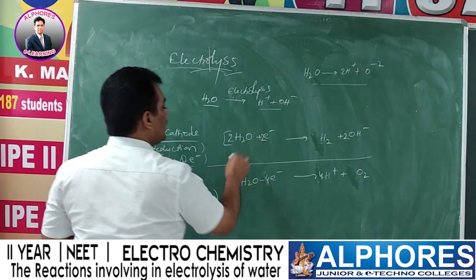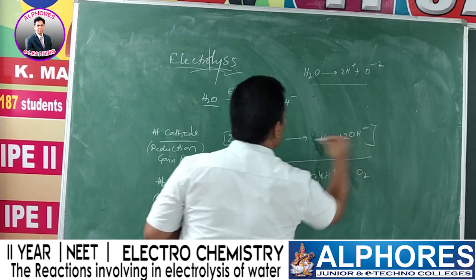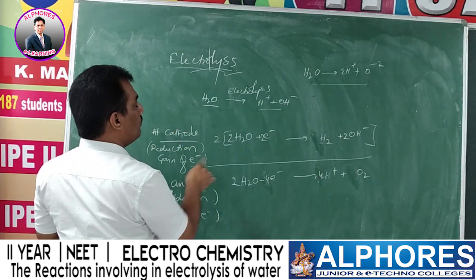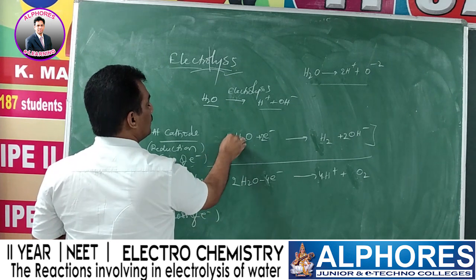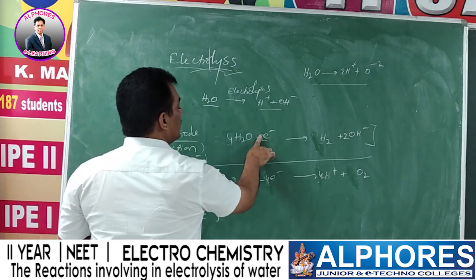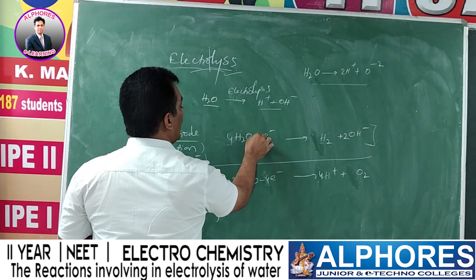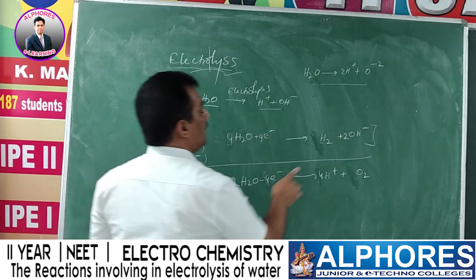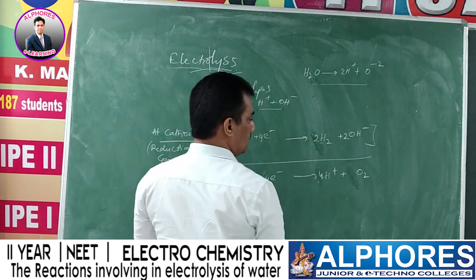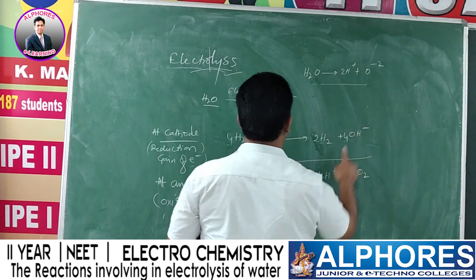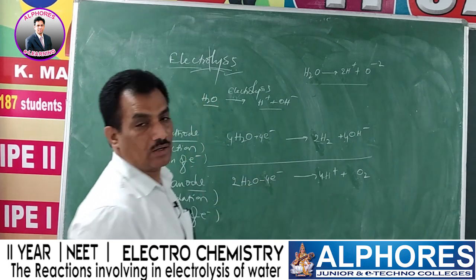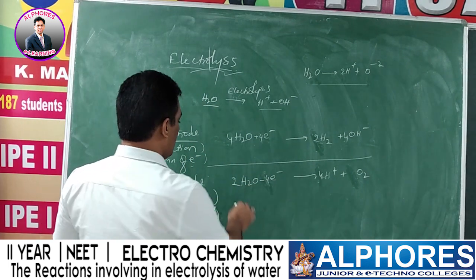So when it is 2 electrons and 4 electrons, we have to multiply the total equation by 2, and then we get 4 water molecules, 4 electrons, 2 H2, and 4 OH minus. Now both the electrons are balanced.